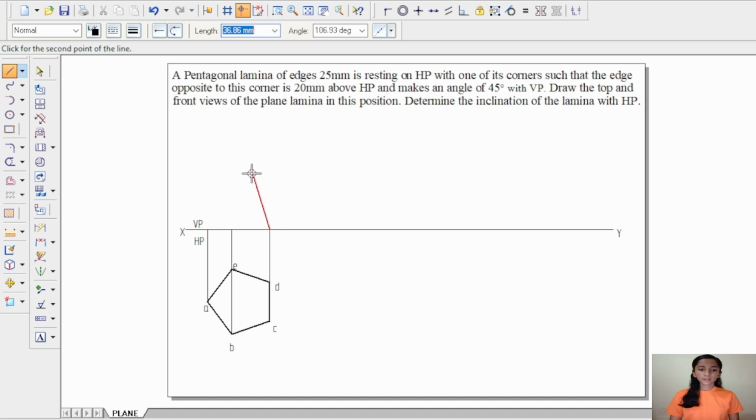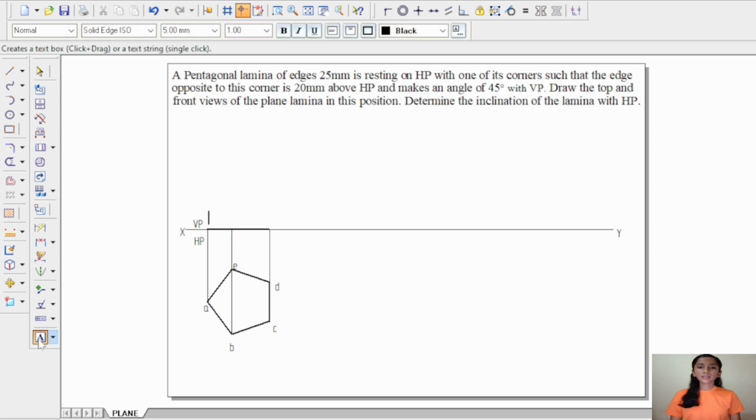So this is our front view and we have to make this line at 0.50 mm thickness.